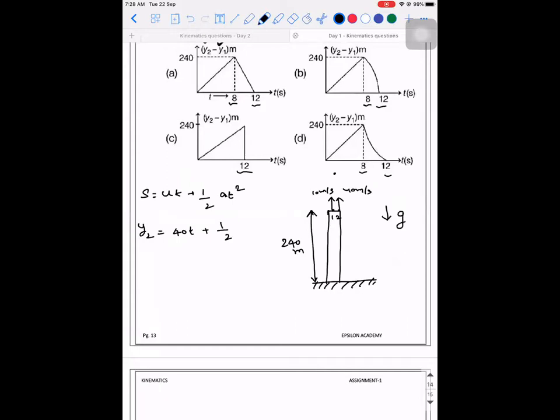So whether it is upward journey or downward journey, in both cases g is going to be negative: minus g t square. Any doubt in this equation I wrote? Similarly, y1 will be equal to 10t plus half into minus g t square. So they asked what is y2 minus y1? y2 minus y1 is 30t because half g t square gets cancelled.